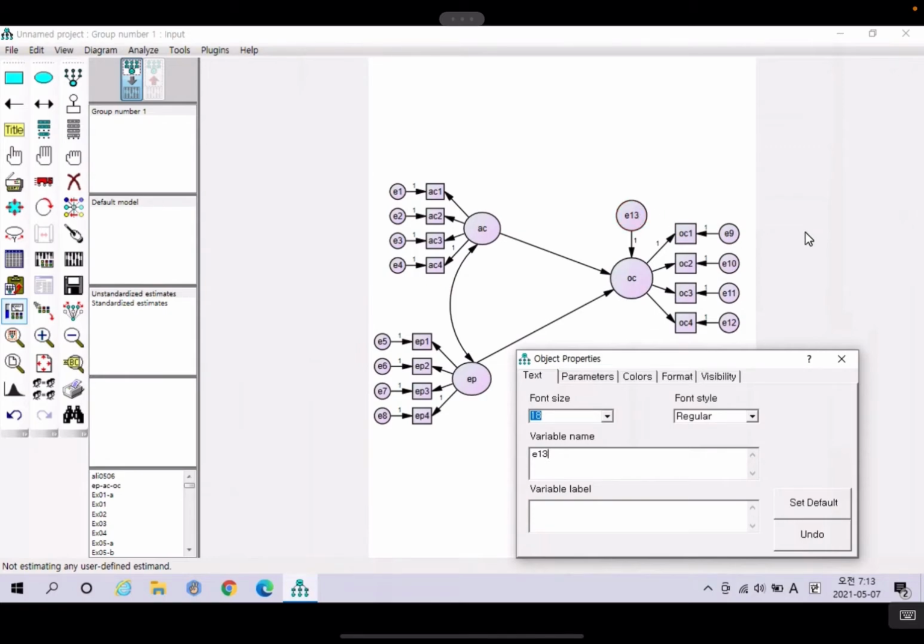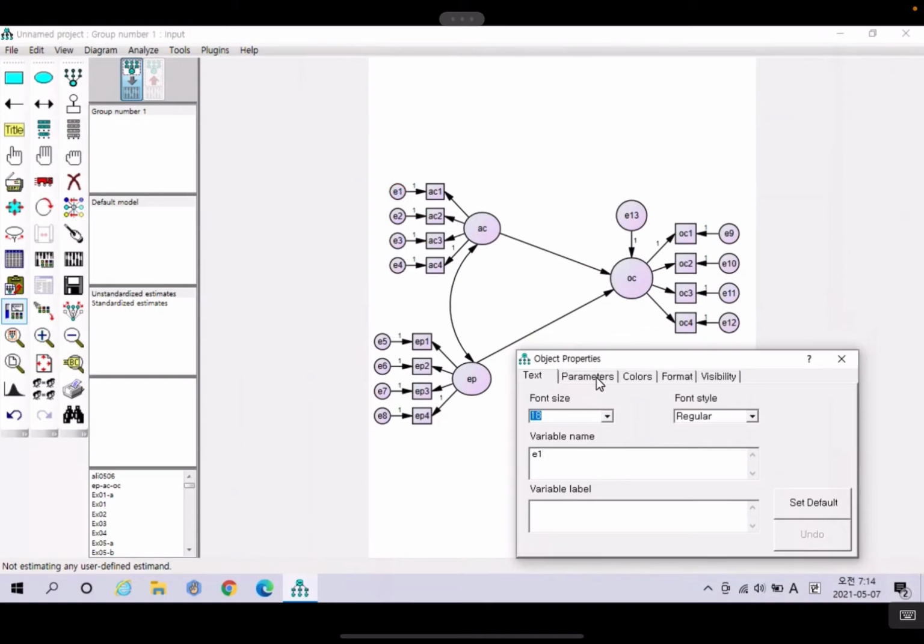Now, let me talk about these ones. Suppose you wanna make the variance of a specific error equal to 0, right? Now, suppose you wanna make the variance of E1 equal to 0, right? Then you click this one, right?